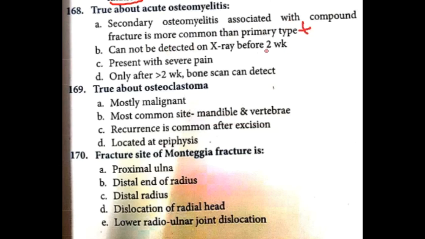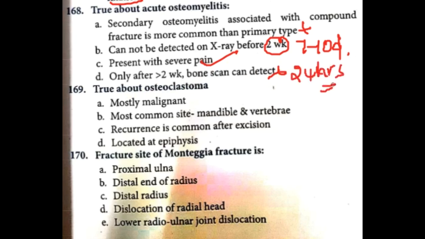Cannot be detected on X-ray before 2 weeks? Actually, on X-ray you can detect it in 7 to 10 days. Presents with severe pain, definitely the patient will present with severe pain. After 2 weeks bone scan can detect it? No, bone scan is the first investigation which can be done, because the lesion will be detected in 24 hours itself.